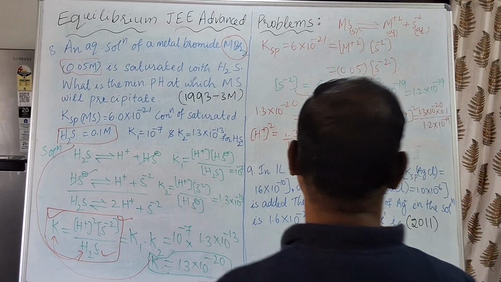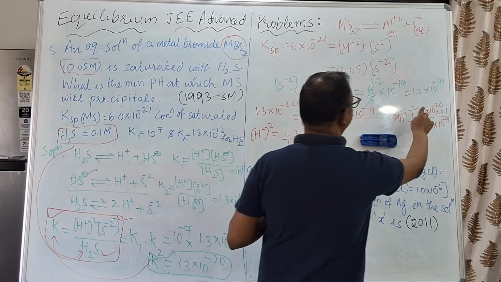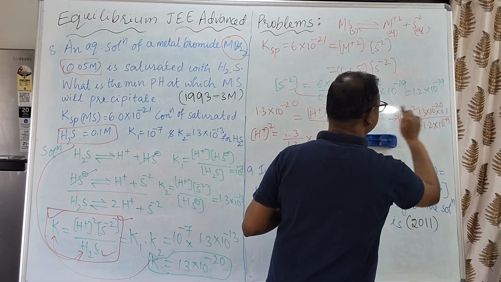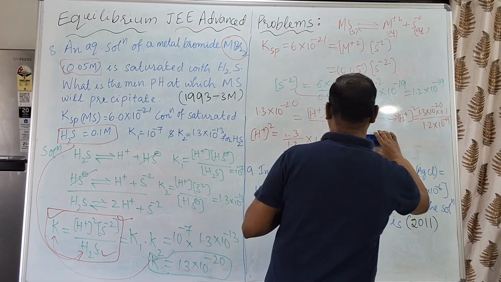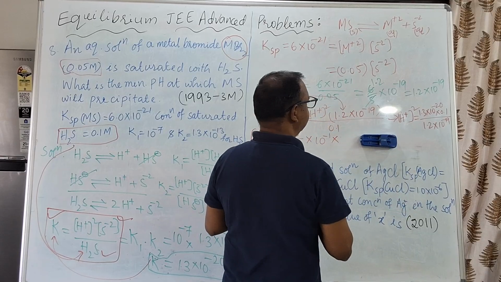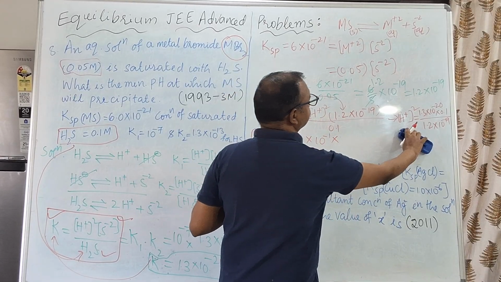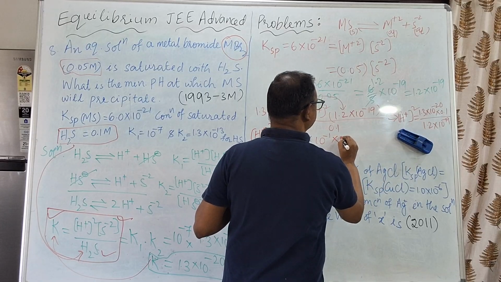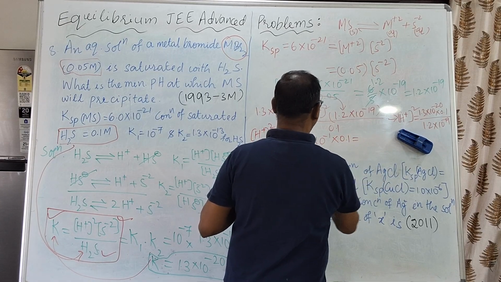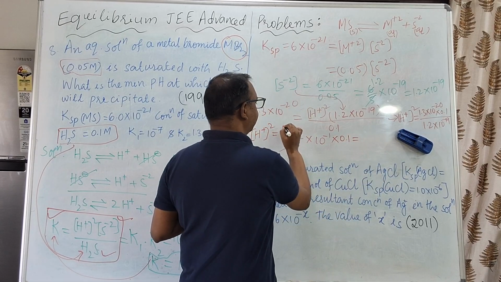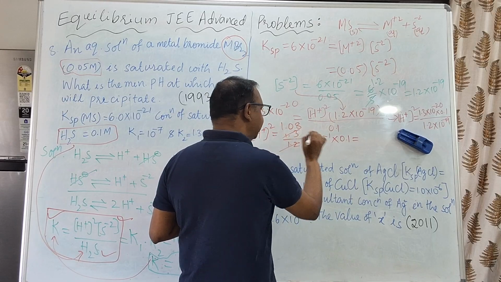We will rewrite this equation as, actually here, 1.3 into 10 power minus 20 into 0.1. I am rewriting that equation. You just see 1.3 by 1.2, keep it as it is. And 0.1 is there, no? 0.1 you write here, then it becomes 1.08.